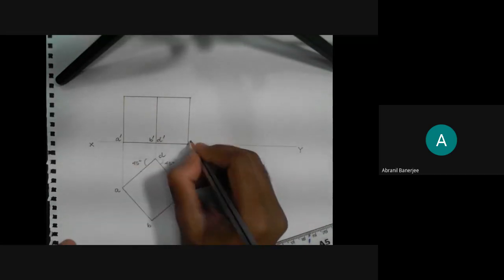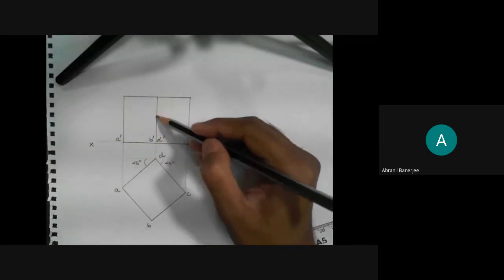This also you will be seeing. So this is nothing but my A dash. This will be my B dash, D dash. This will be my C dash. Accepted? Now, are you convinced of this particular edge as dark in the front view?